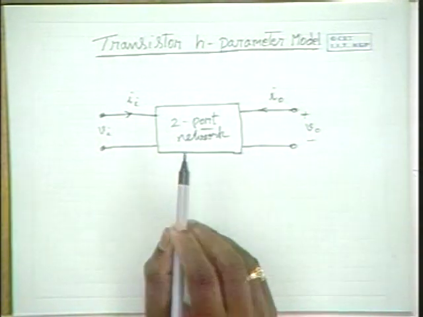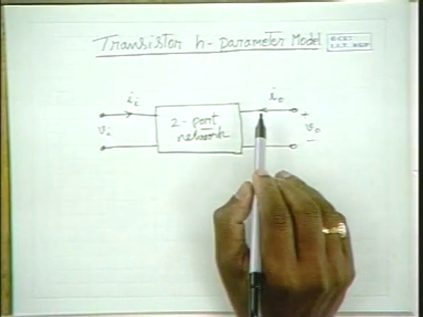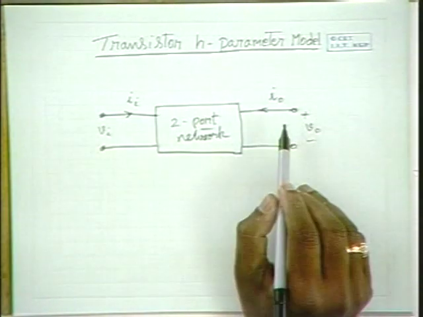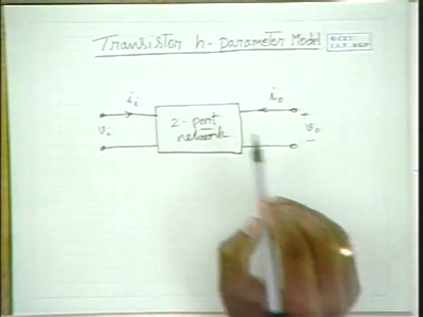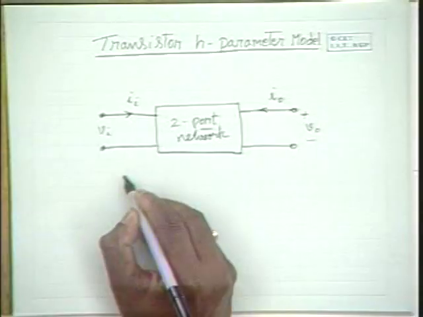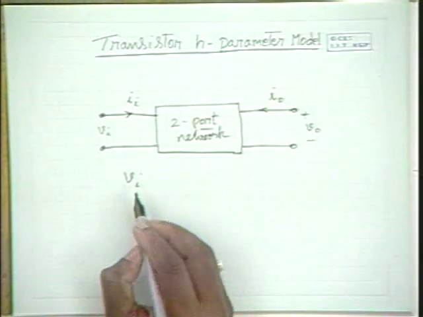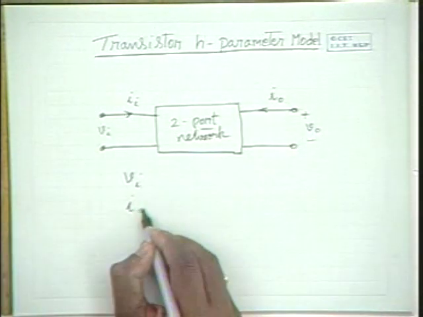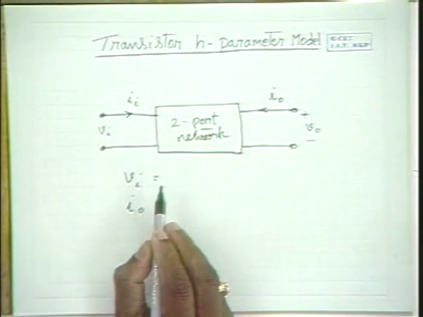We can consider the input voltage and output current as the dependent parameters, and the input current and output voltage as the independent parameters, and we can express it. In fact, any two of these quantities can be expressed in terms of any two other quantities, and there are a few models which can be arrived at. But the H parameter model takes Vi and I0 expressed in terms of the other two variables.